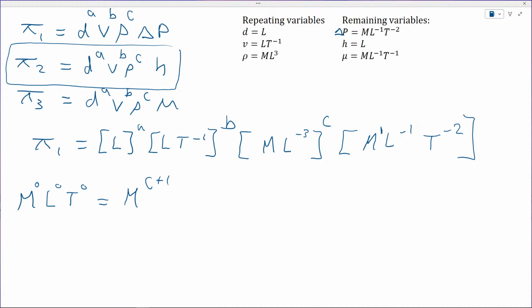That is for the M. For the L, what do I have? I have L to the power of A, plus L to the power of B, minus 3C here, minus 1. That's what I have for the L.